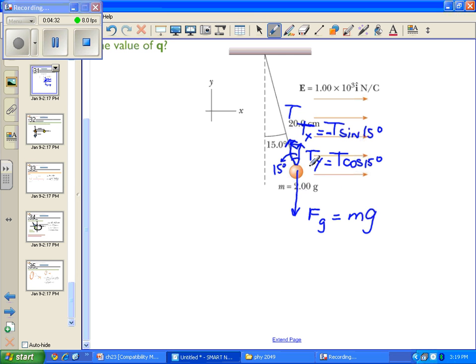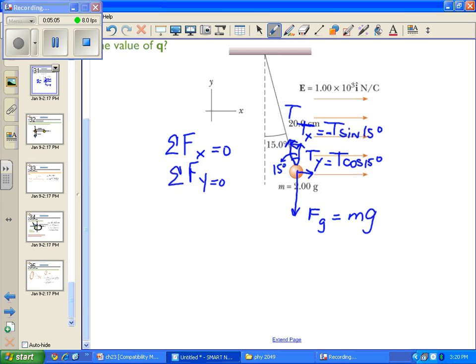Now, we have gravity, we have tension, and we have the electric field. What effect does the electric field have on this charge? Well, because again of the equilibrium condition, remember, everything along x must equal 0, everything along y must equal 0, and therefore if Tx didn't have anything to balance it out, then this would no longer be true.